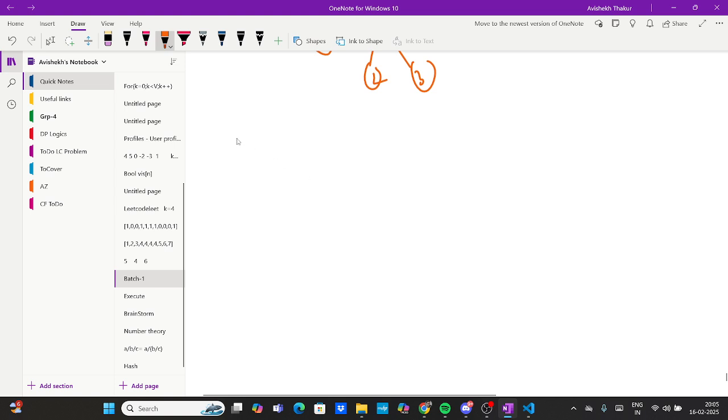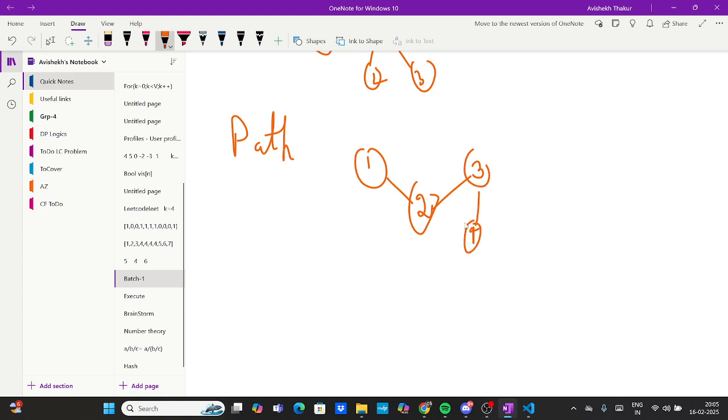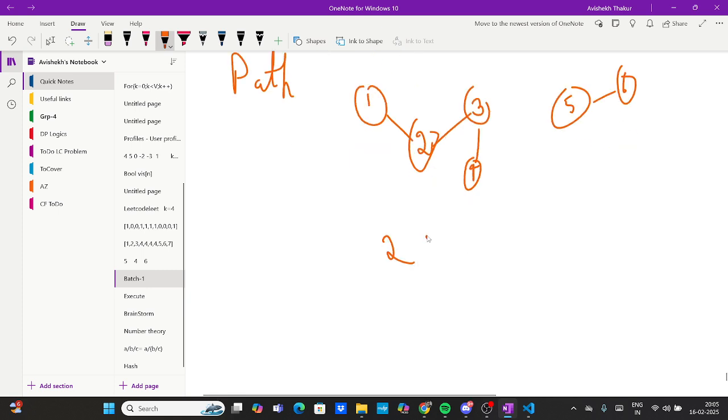Let's talk about path also. Let's say you have a graph something like this. Is this a valid path? Valid path means if you go from each node to the next one, can you follow this sequence?